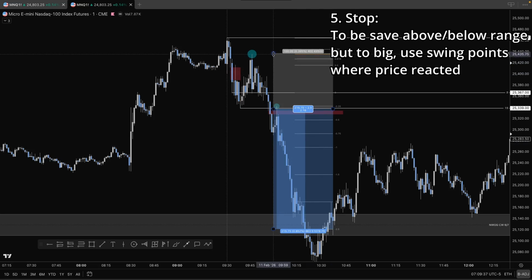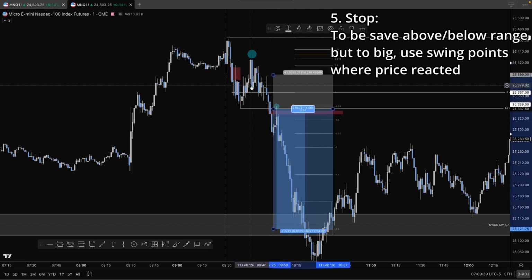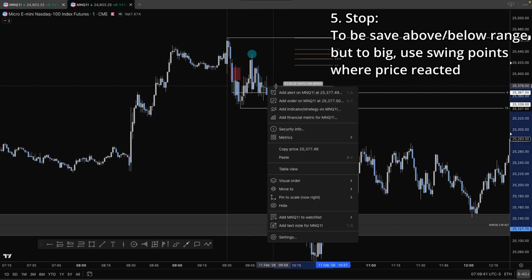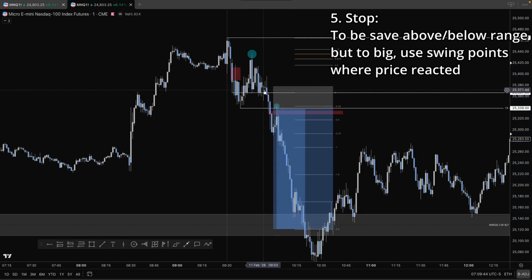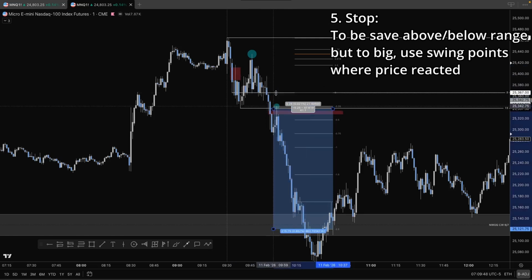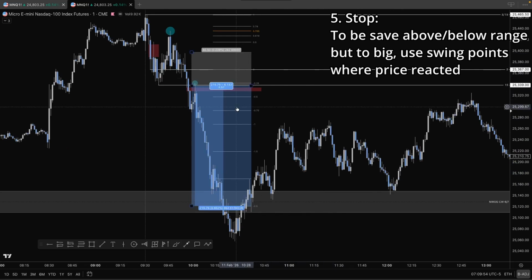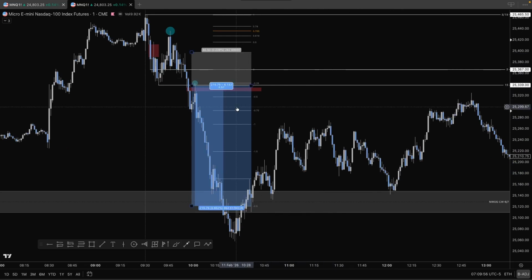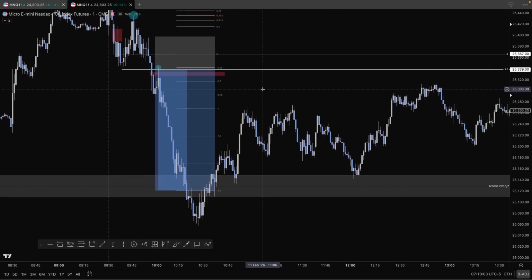So you could put your stop here, maybe even right here above this candle close, maybe even here. So you see there's some room to play. In this trade we got a 3.5 RR, which is pretty solid, I would say.